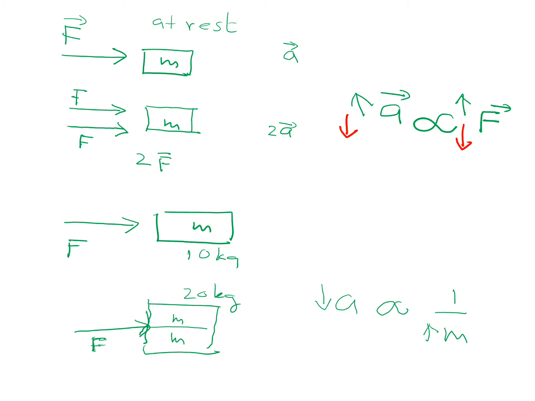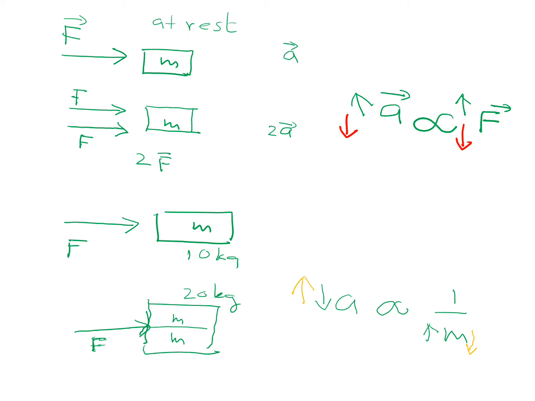The higher the mass, the smaller the acceleration. Therefore we call it an inverse relationship. If we decrease the mass, acceleration increases.